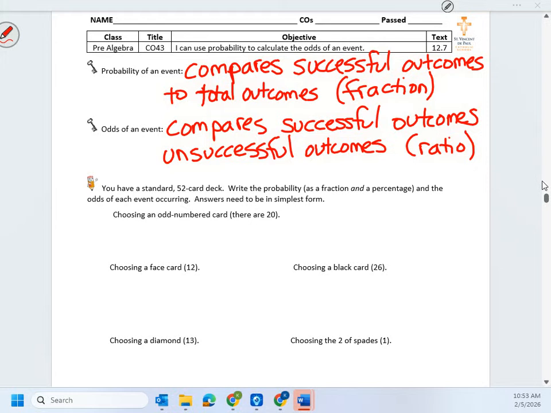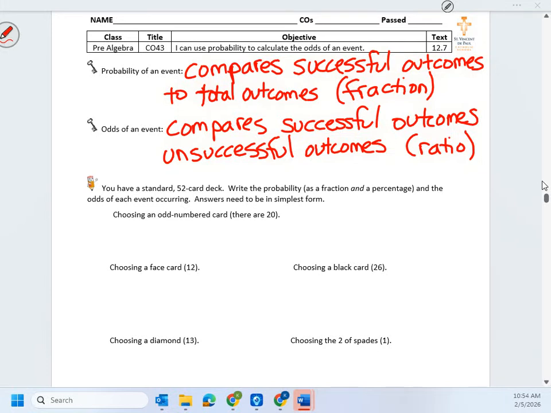With the probability, we're given the total number of outcomes, right? That's the bottom number. That's our fraction. If it's a ratio, think about what we did in the last unit when we were working with ratios. How did we find the total number? Yeah, you have to add the successful to the unsuccessful, right?